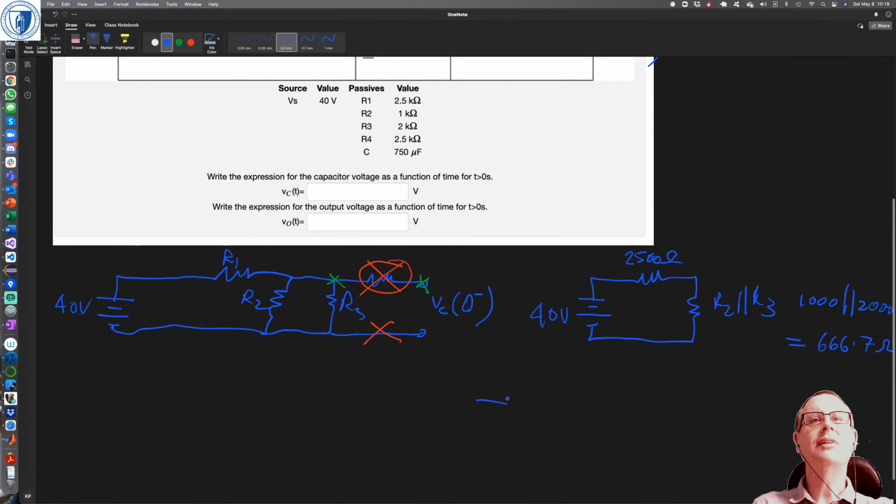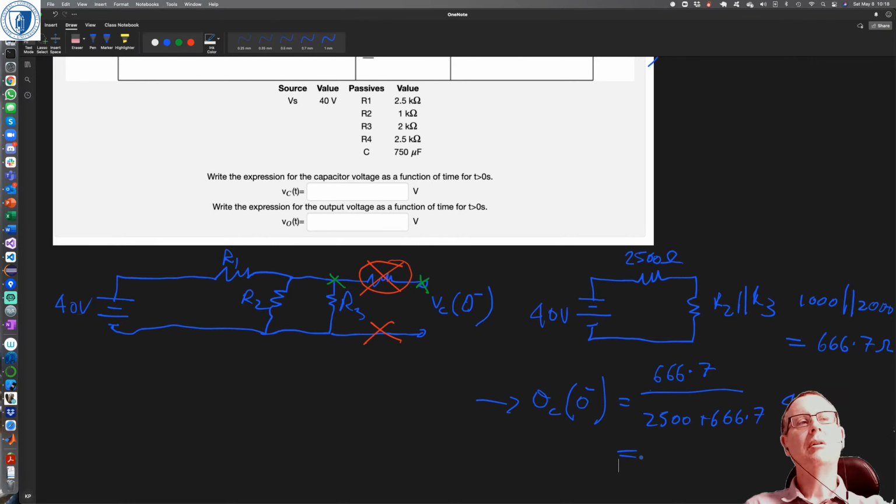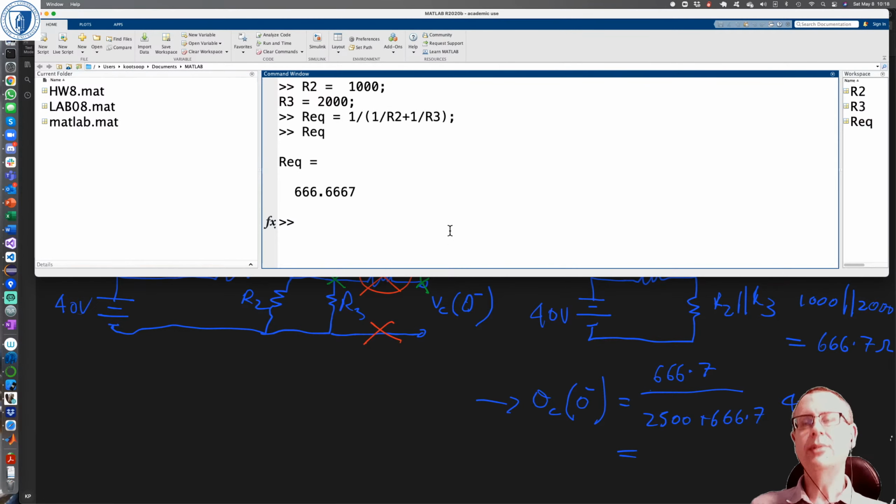So then we can say that our VC at time 0 minus is just going to be 666.7 divided by 2,500 plus 666.7 times 40 volts, which I can't do in my head, so let's go back to MATLAB and see what it tells us.